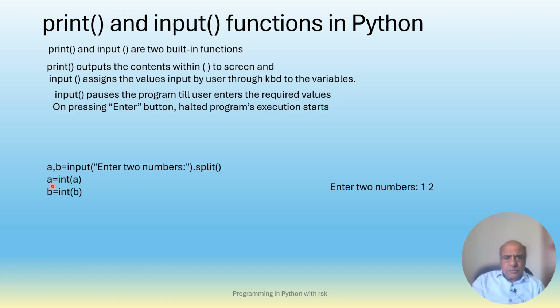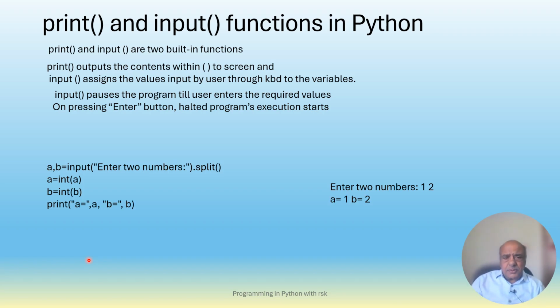When an input function is used and the user inputs the data, that data is taken as a string by the Python program, and we intend that these two inputs should be of type int. So we write these statements: a = int(a), b = int(b).